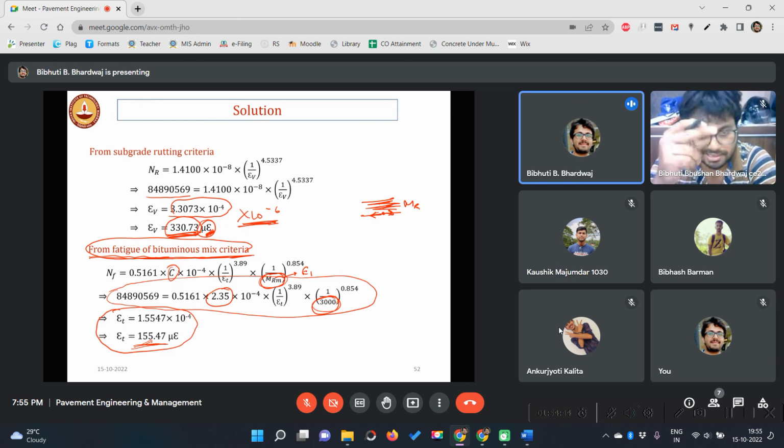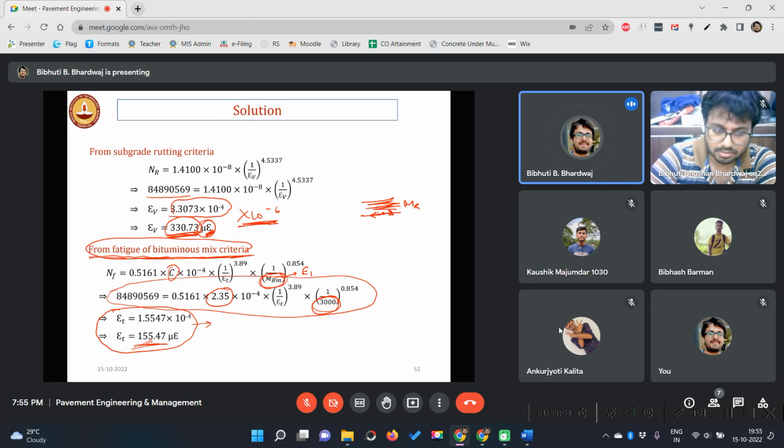Then simply click shift, this calci option, no? Solve. While solving, just give a nearby value, 0.0004 like that. It takes less iteration. You will get it anyway.